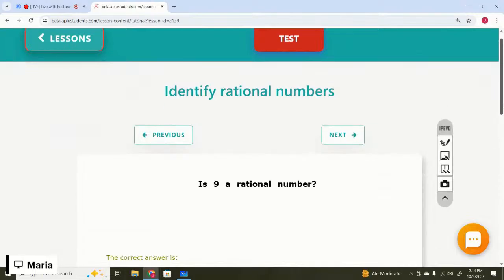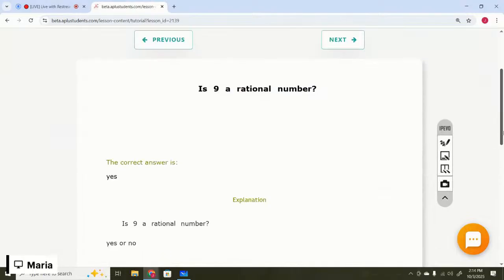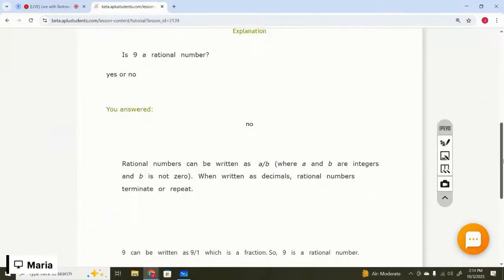Is 9 a rational number? Yes, it is, because we can write it in the form a by b. Anything that can be written in this form is, by definition, a rational number. Rational numbers can be written as a by b, where a and b are integers and b is not 0. So we can write 9 as 9 by 1. So that is a rational number.